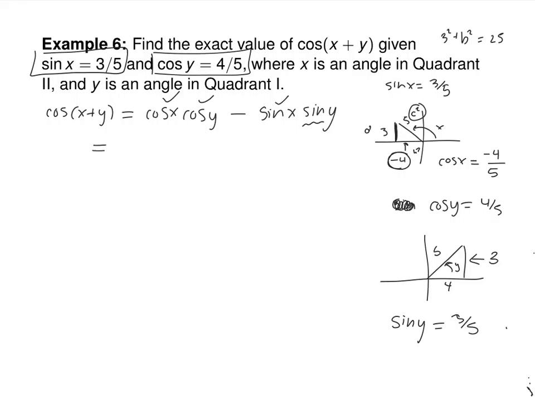Okay, then just plug in what you know. Cosine of x, that is -4/5. Cosine y is 4/5 minus sine of x, which is 3/5, times sine of y, which is 3/5.